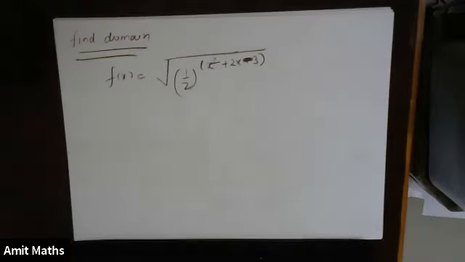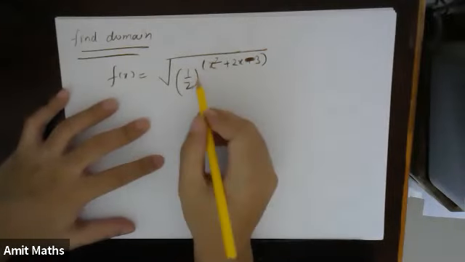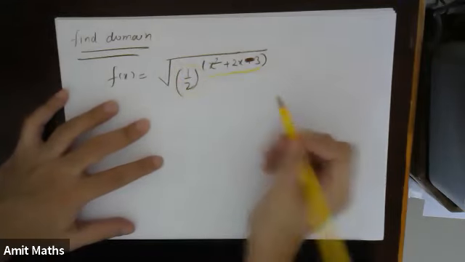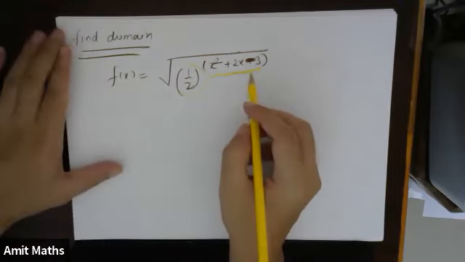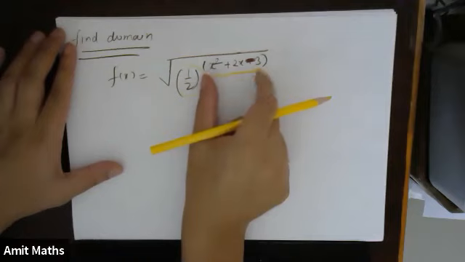Okay, see, this question is saying that there is an under root, and what is in the under root is 1 by 2 to the power something. Most of you have started finding the solution, the range for this.